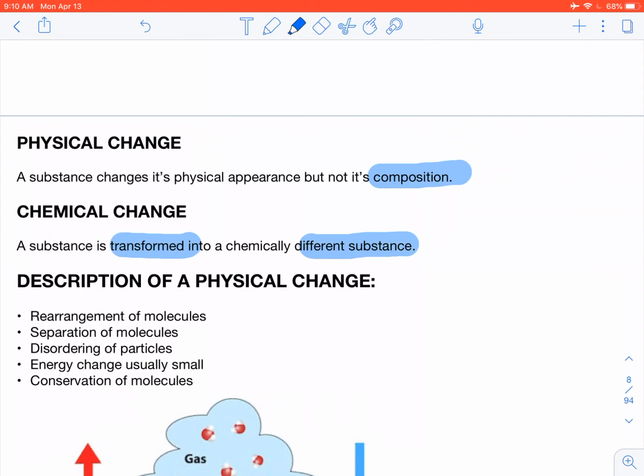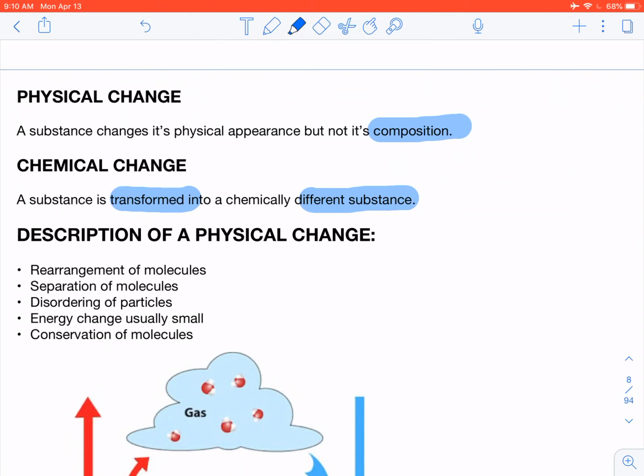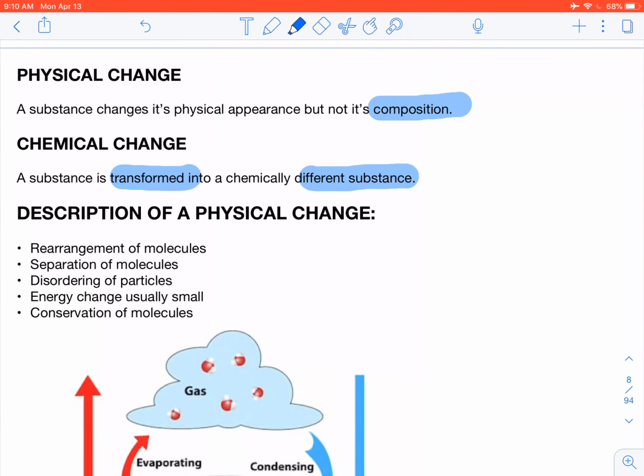Let's look at this description here. Essentially, when there's a physical change, we have a rearrangement of molecules. Molecules separate. There's a disordering of molecules.